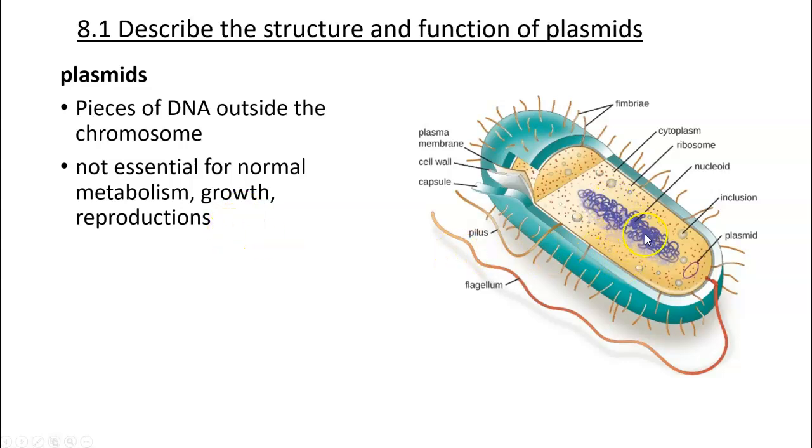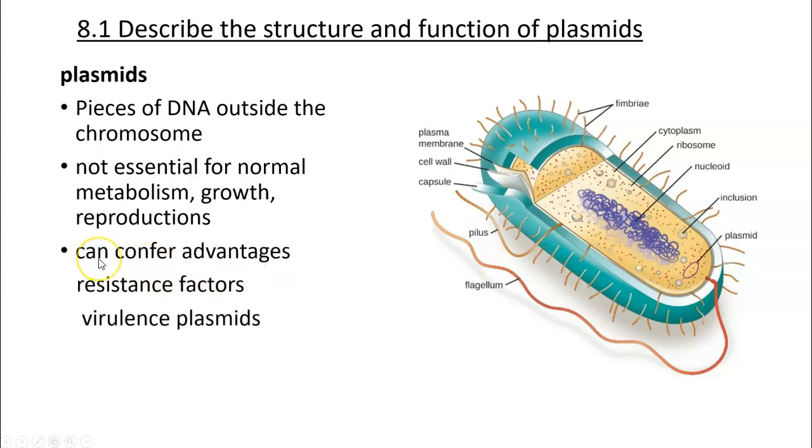I think about it like this: if you look at all the DNA in a cell as a recipe book, it has all the instructions on how to make everything in the cell. The plasmid has some additional instructions, but they might not be things that you absolutely need for a recipe. Maybe it's got the frosting or some kind of sauce or something. So they're not essential for your recipe to work.